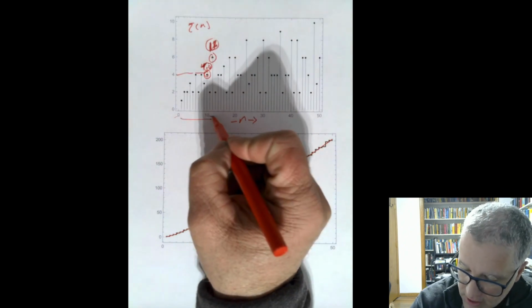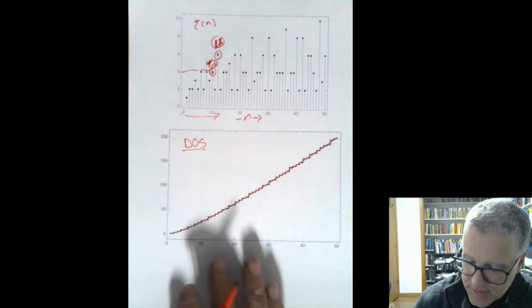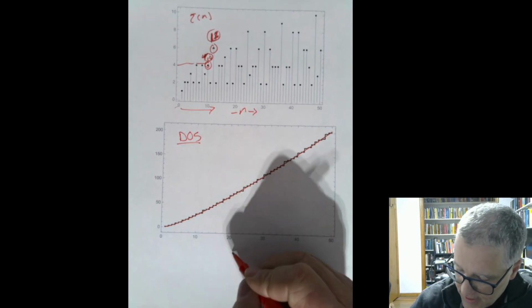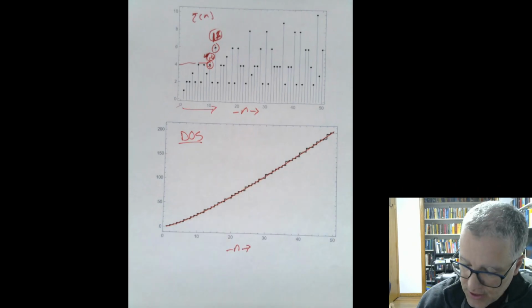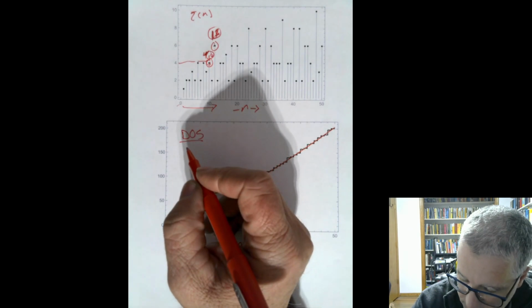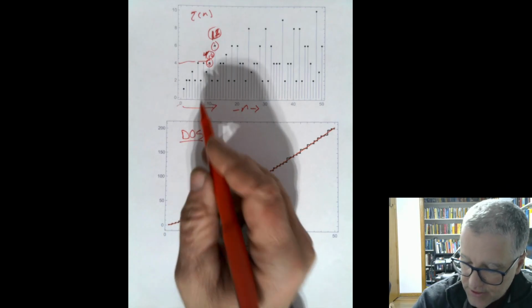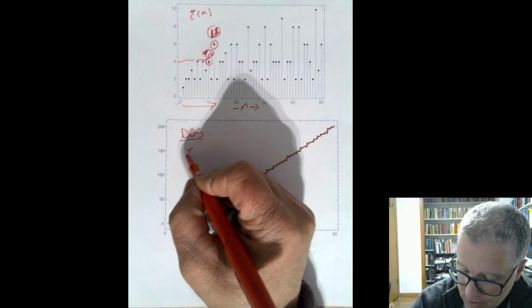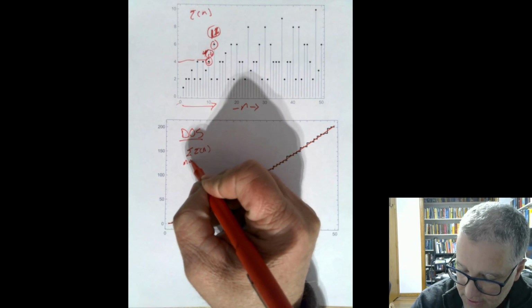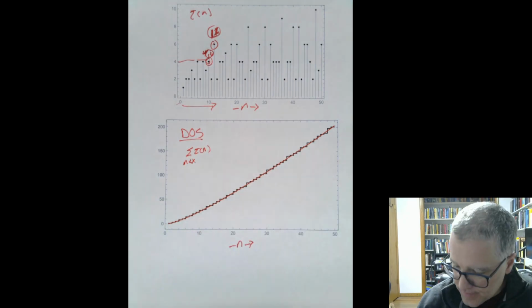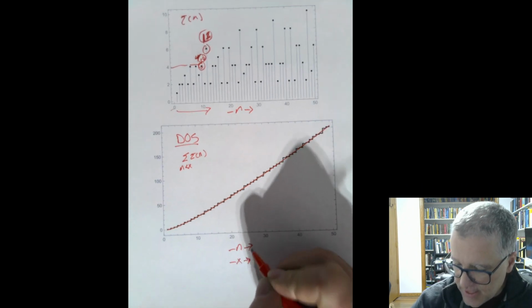Now, as we go along here, we can accumulate as we count the density of states. So this is the density of states, and again, as a function of n. So what we're doing is adding up these terms. So we're adding up tau for n less than some value x here.